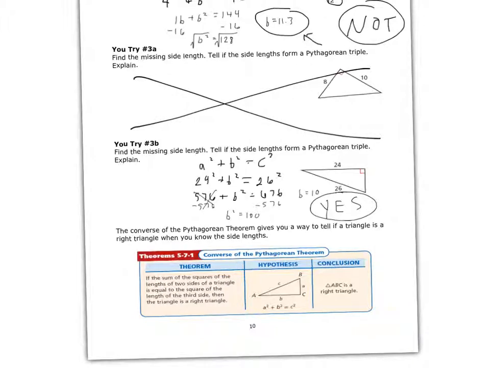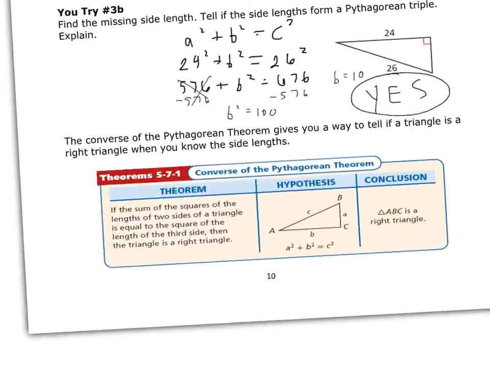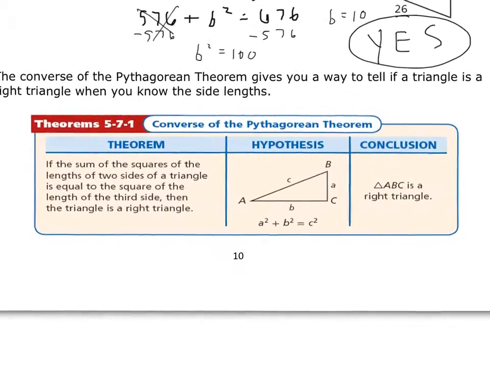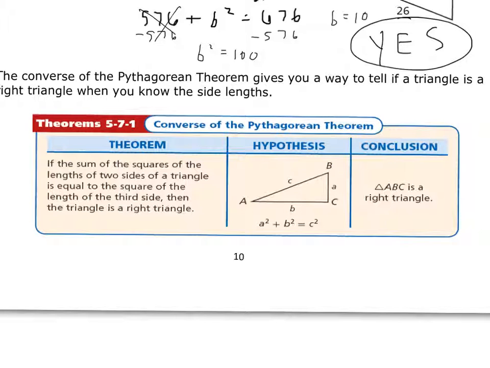All right, last thing that you're going to learn is how to decide if a triangle is obtuse, if it's right, or if it's acute. Okay, so the first theorem we're going to learn is called the converse of the Pythagorean theorem. And it says, if the sum of the squares of the lengths of two sides of a triangle is equal to the square of the length of the third side, then the triangle is a right triangle.